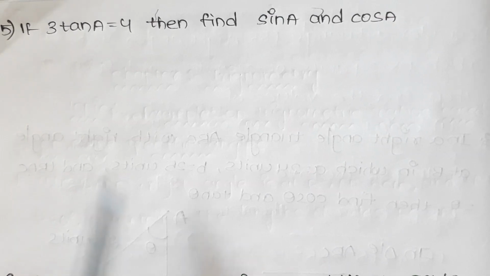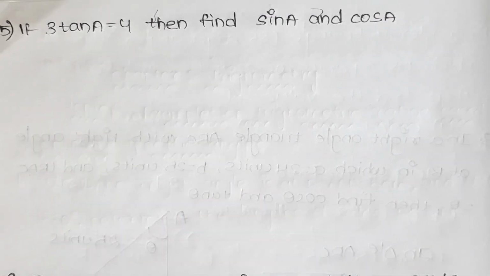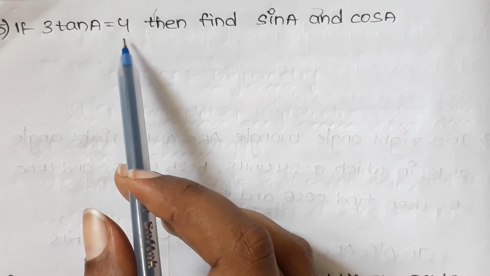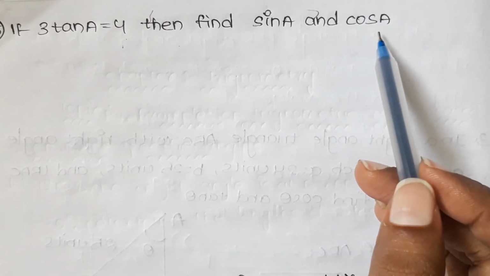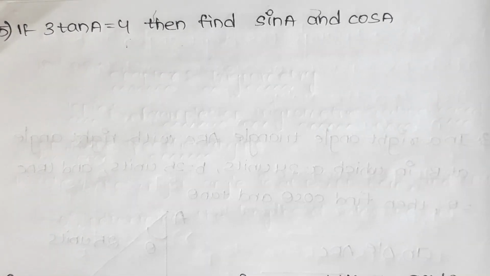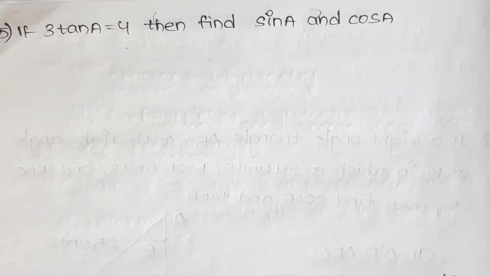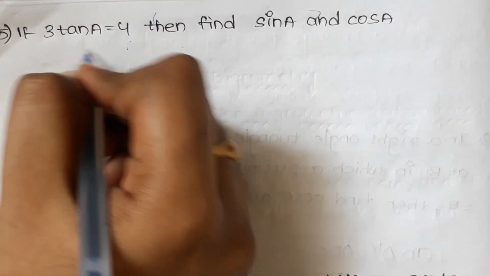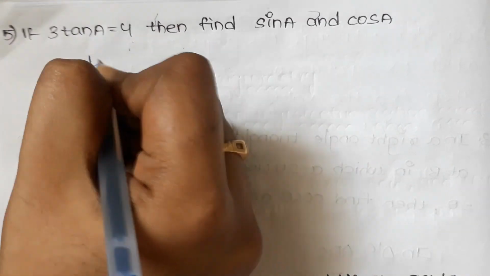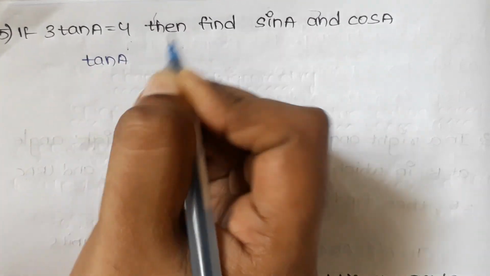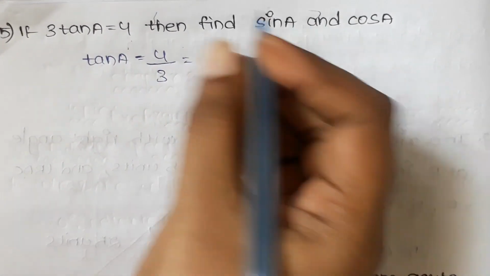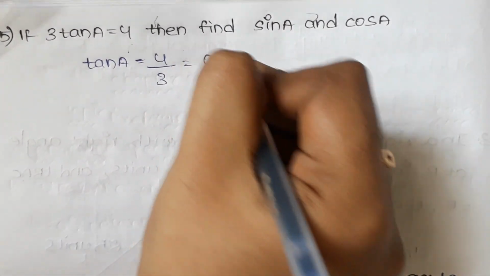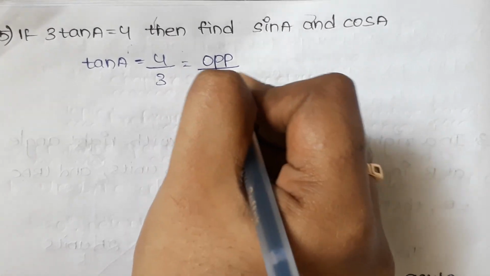Here is the fifth one, that is, if 3 tan A equals 4, then find sin A and cos A. Here given 3 tan A equals 4. From this, tan A is nothing but 4 by 3. Tan A is nothing but opposite side by adjacent side.